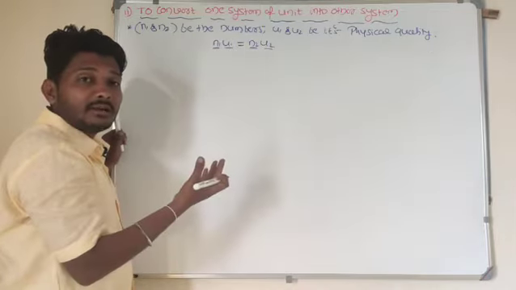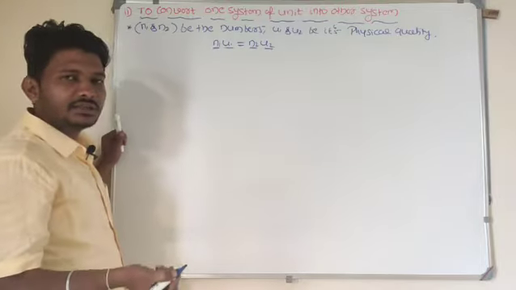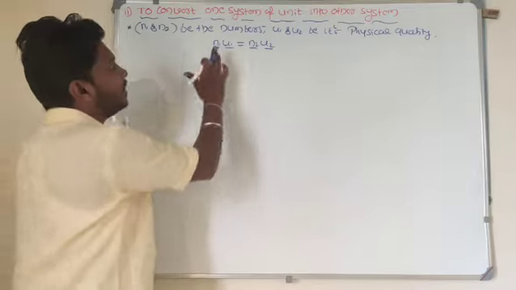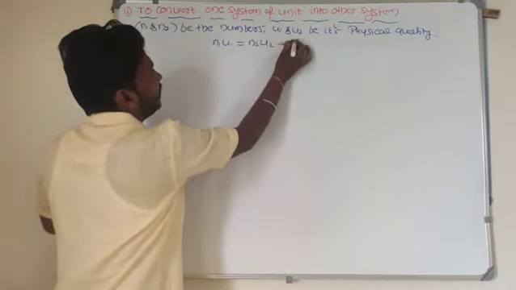I am measuring the mass in terms of kg here and in terms of gram here. That is the only difference, but the quantity remains the same. So N1 U1 is equal to N2 into U2.